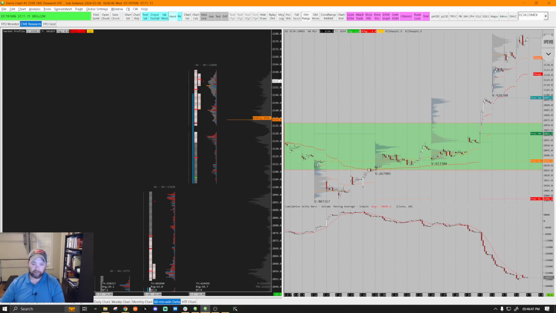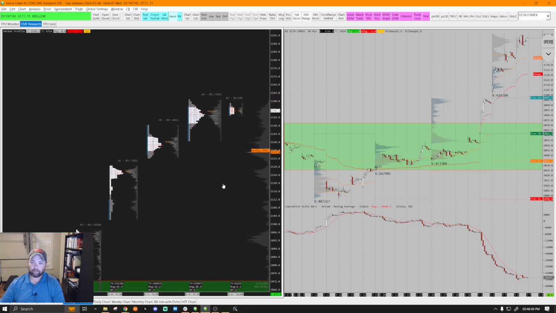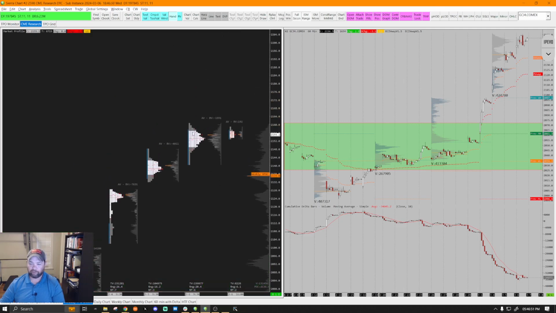So if we look at the profile, we can see it's a P-shaped profile, so it's short covering, and it didn't cover much. They're still very short, and they got shorter again in the afternoon, it looks like. So I think as long as these shorts are piling in this market, it's just going to continue to go higher.